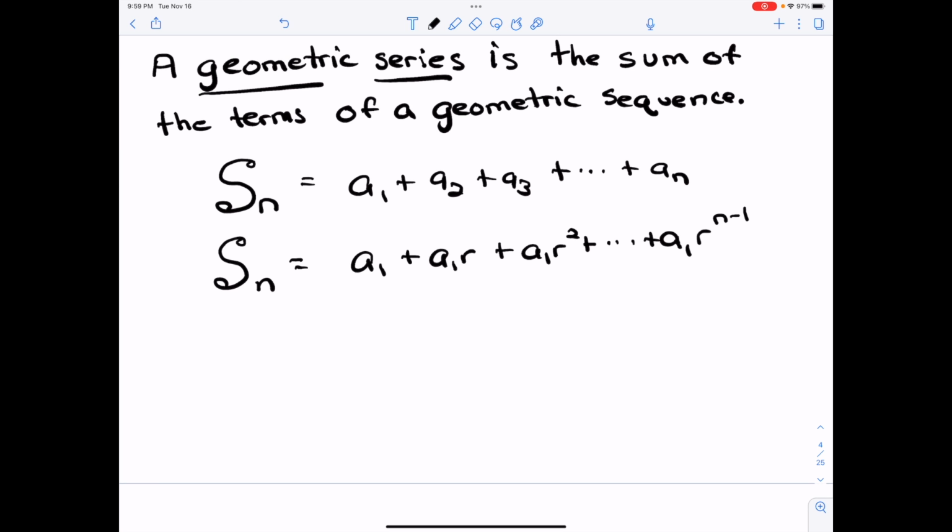It's based on what's happening with the geometric sequence. The first term's a1, second term takes that times r. Third term takes that times r again, and so on. So the number of r's you're multiplying by is one less than whatever term number you're dealing with.